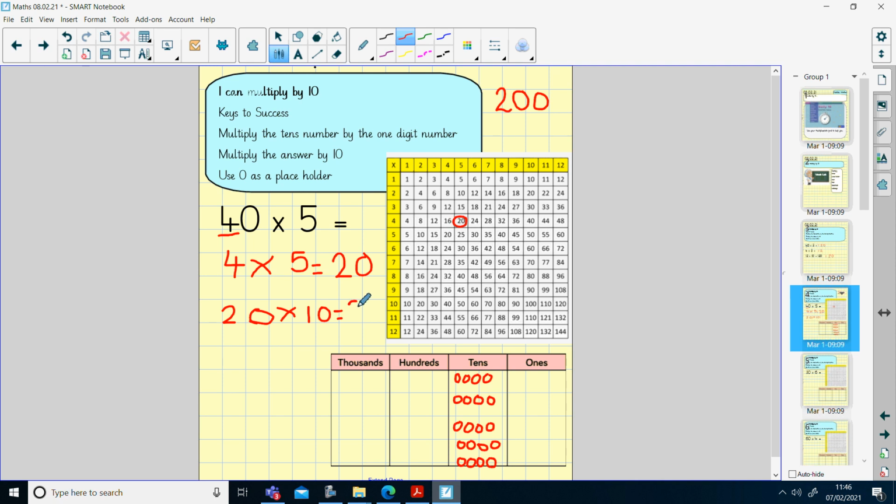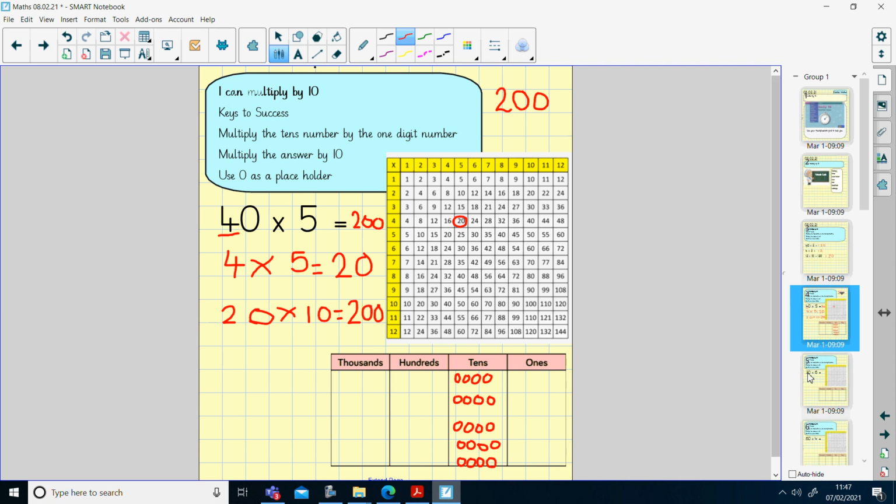So my 2 tens becomes 2 hundreds, my 0 ones become 0 tens, and then I use my 0 as a placeholder. So the answer is 200, and we have done that in two different ways and we've got the same answer, so we must be right.